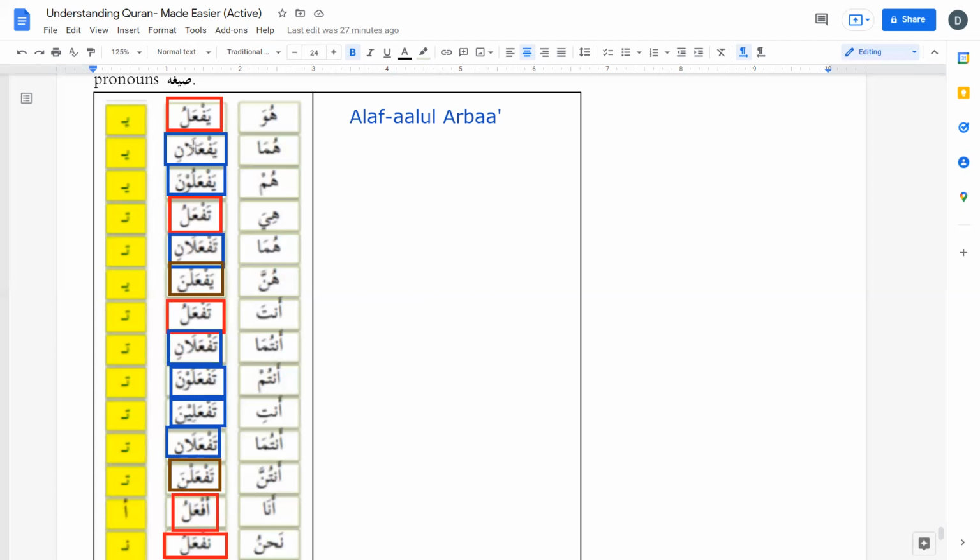How many blue ones do we see? Yaf'alani, yaf'aluna, taf'alani, taf'alani, taf'aluna, taf'alina, taf'alani. So these are 1, 2, 3, 4, 5, 6, 7. They are seven in number, but taf'alani comes three times, so we are going to count only one time. 1, 2, 3. Not counting this. 4, 5.